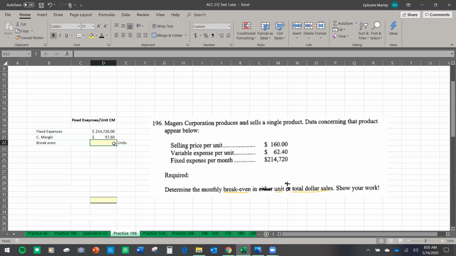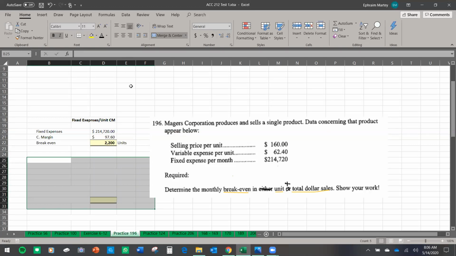So what we need to do is take this, divide by that, that gives us 2,200 units. So at the break-even point, we need to sell 2,200 units. That's the units.